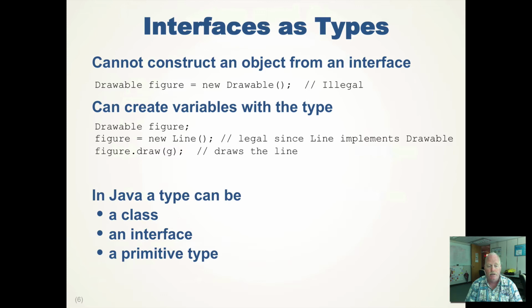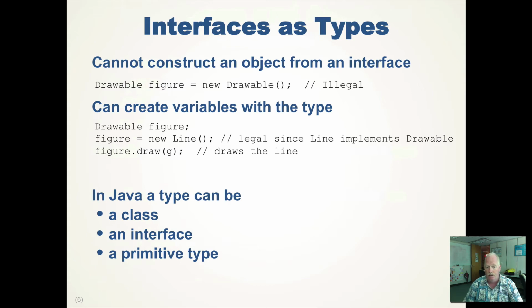But we can use the variable figure, which is of type Drawable. We can assign it to a new Line, because a Line implements that interface, so we know what methods can be called, and then we can call those methods on this variable.